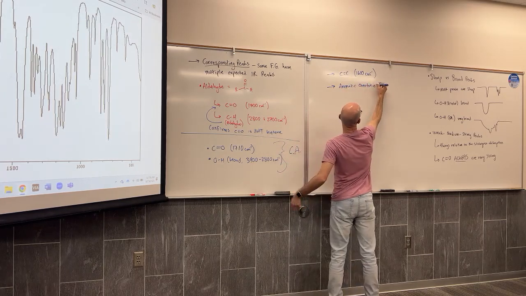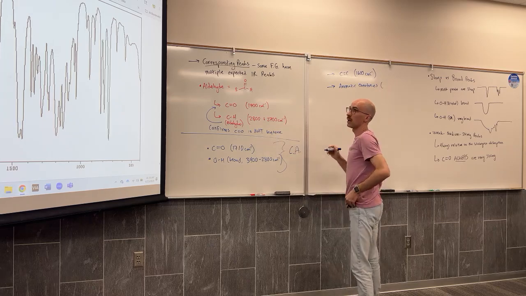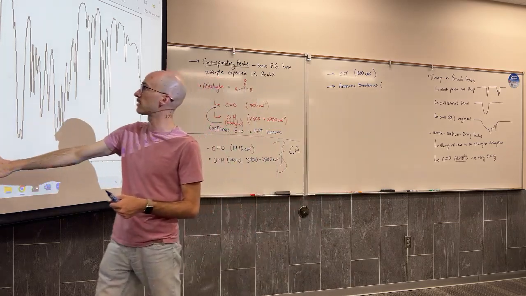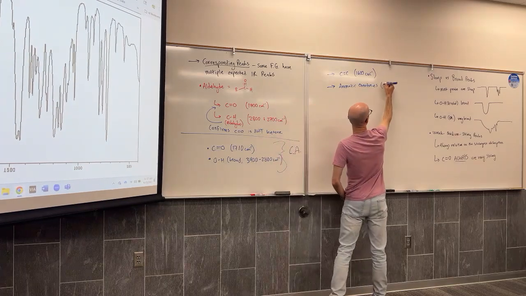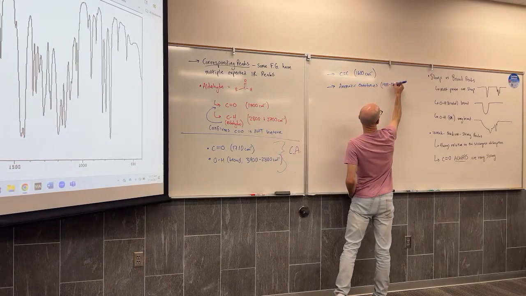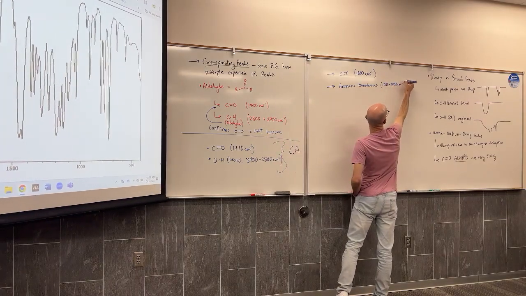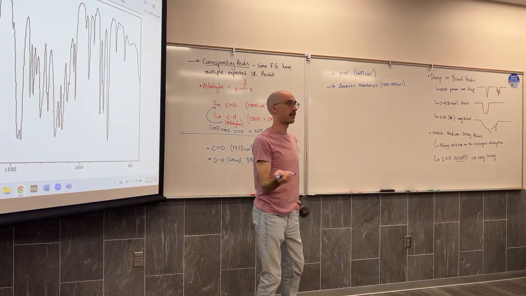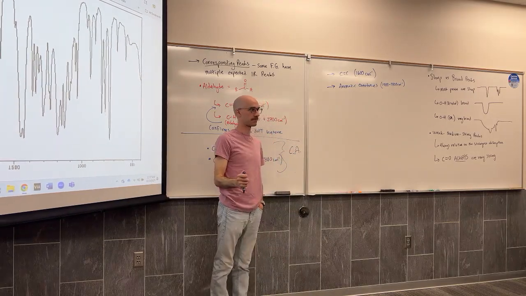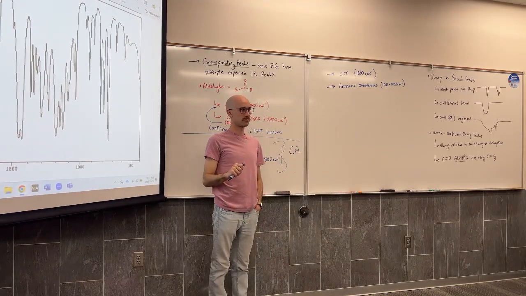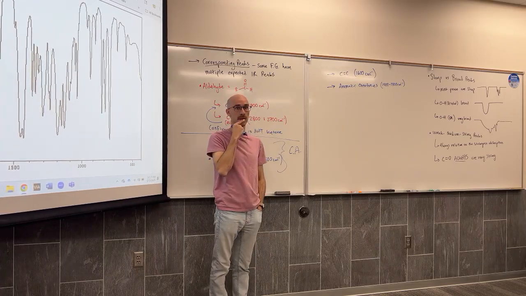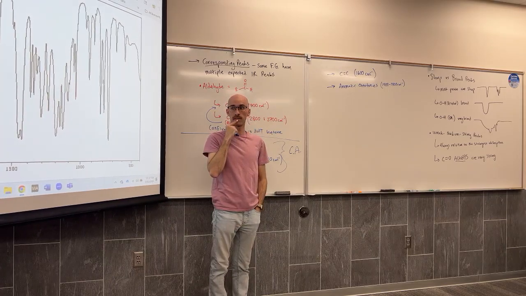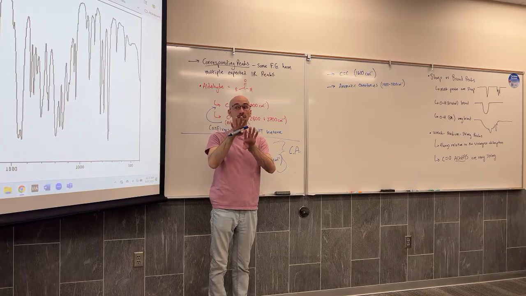Now, sticking on this idea of corresponding peaks, the aromatic overtones are not always present, but they are a great resource if they're there. There's also another bond that corresponds to the aromatic ring. We've got the CC double bond. Well, yeah, there's that overlap.